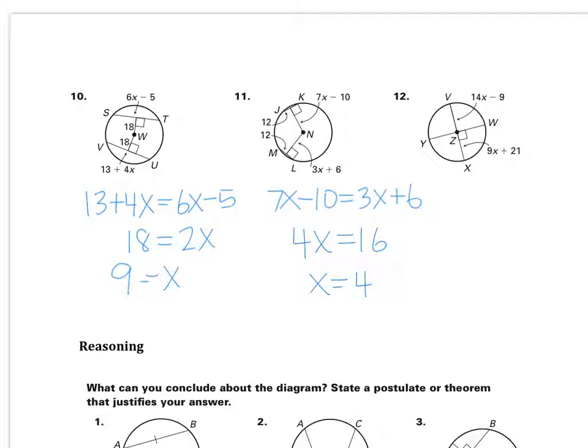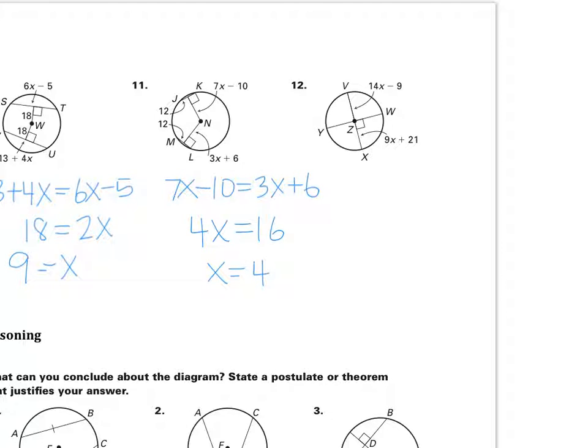So x equals 4. The next one, we have a diameter perpendicular to another diameter. So they bisect each other. 14x minus 9 equals 9x plus 21. Solve. X equals 6.